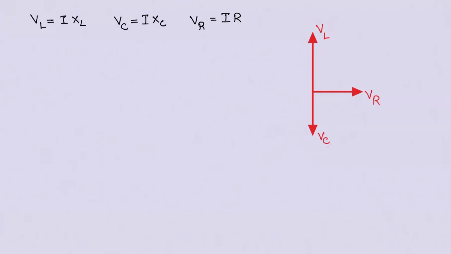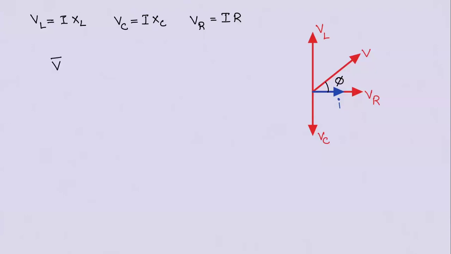Now the resultant voltage will be like this, and current will be in phase with the voltage across the resistance, and the phase angle is phi. This is the voltage phasor.